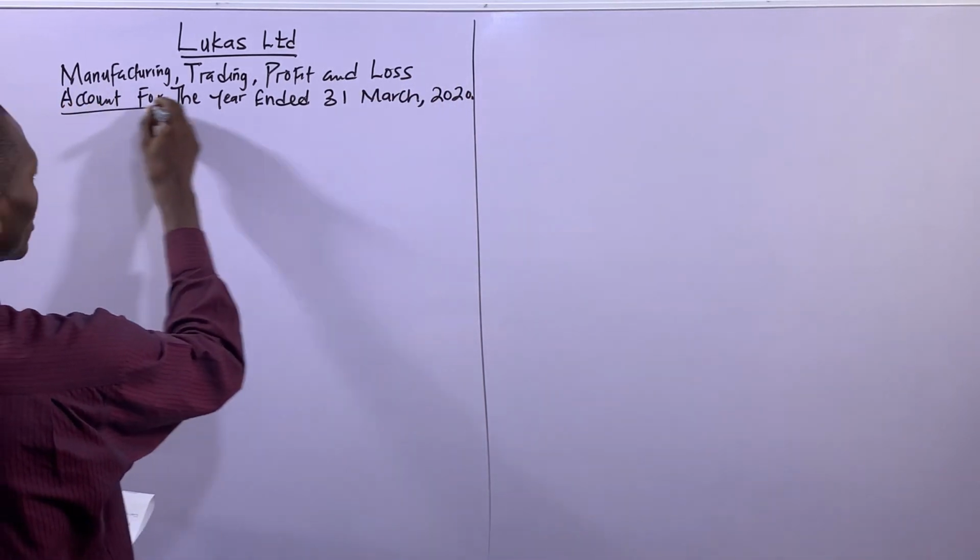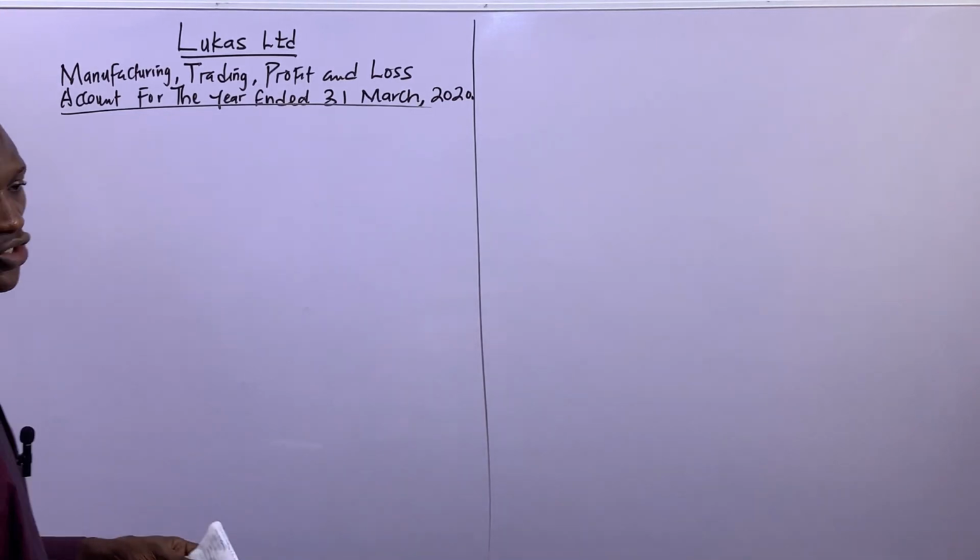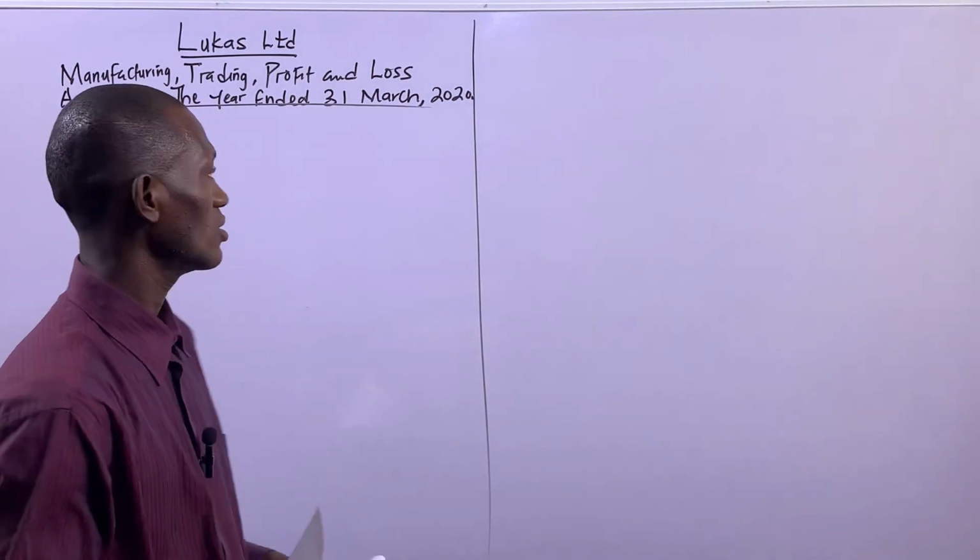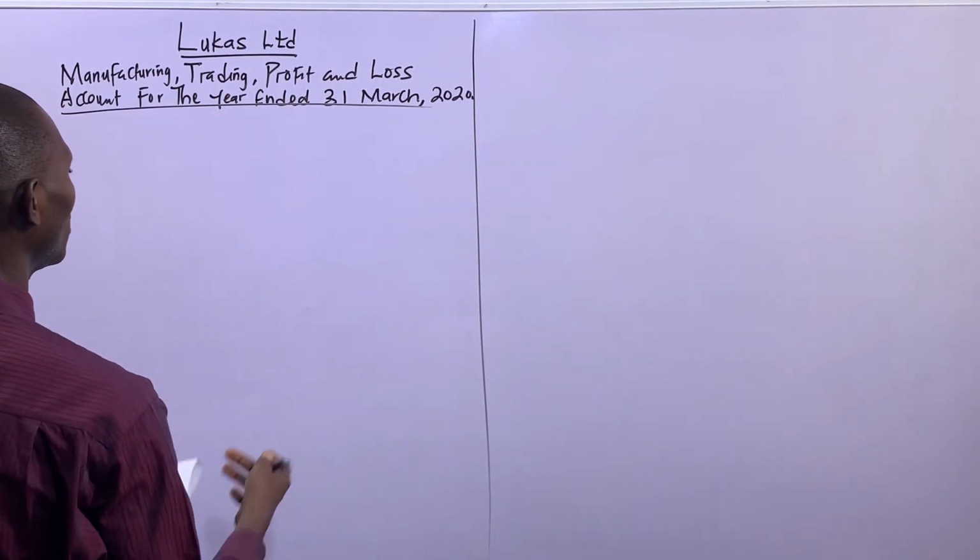So this is basically what we have. This heading alone could fetch you 1 or 2 marks, so the heading has to be intact this way.